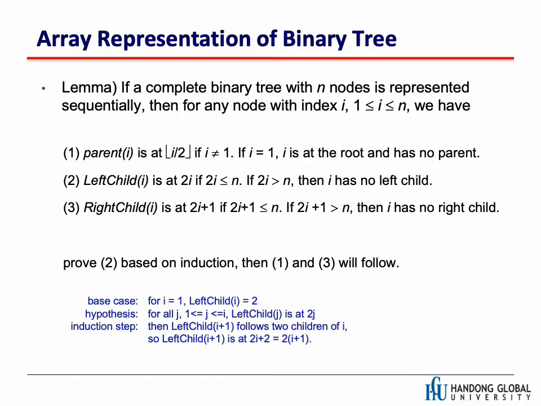Then the left child of i plus 1 is at 2 times i plus 2, because 2 times i is the index of the left child of i, and its right child is at 2 times i plus 1. So we proved it: the left child of i plus 1 is at 2 times (i plus 1).